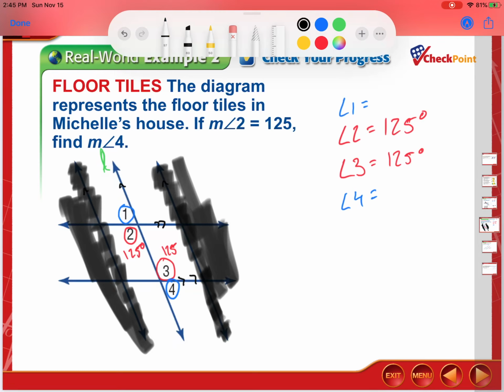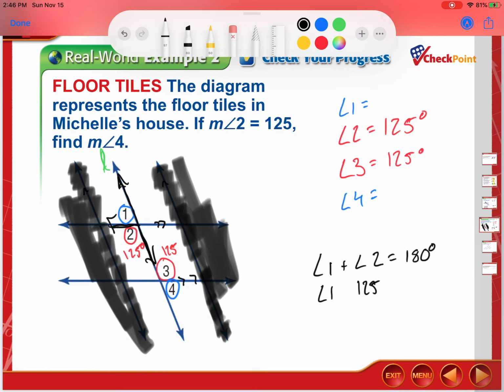So once again, I'm going to take my black marker and highlight a linear pair here. I see 1 and 2. If I draw a line through them like this, and then have this angle coming up here, they form a linear pair, which, as we said last time, means that they add together to equal 180 degrees. So I have angle 1 plus angle 2 equals 180 degrees.